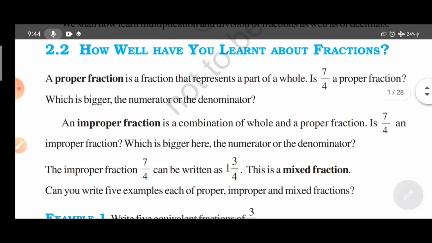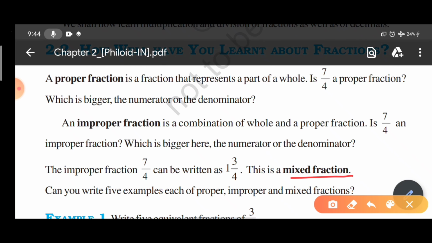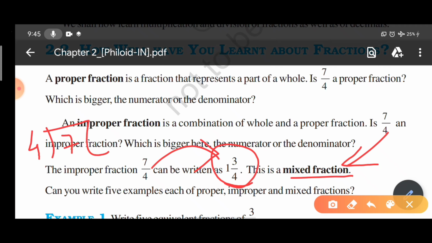Okay, the next step is the mixed fraction. You have to remember the primary condition, that only an improper fraction can be written in the form of a mixed fraction. For writing a mixed fraction, one example is written over here. You simply divide 7 by 4, that is 4 ones are 4, and you get 3 as remainder.